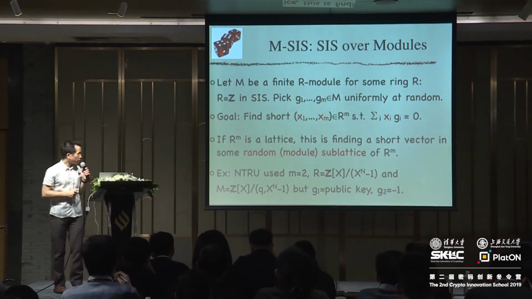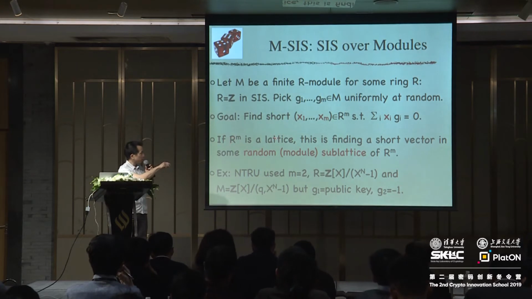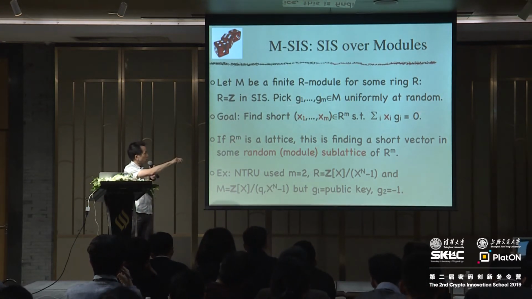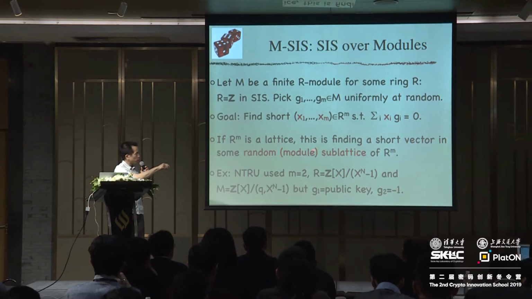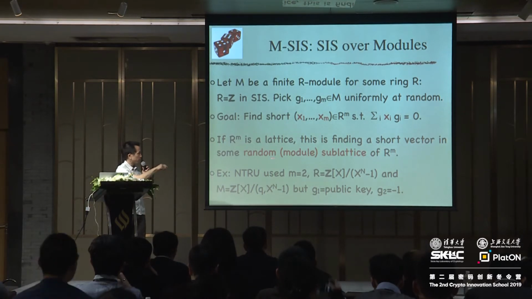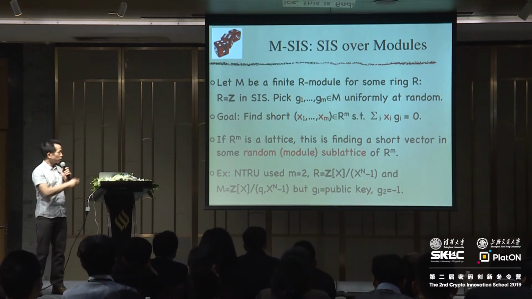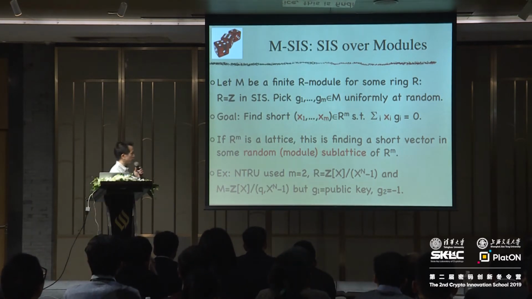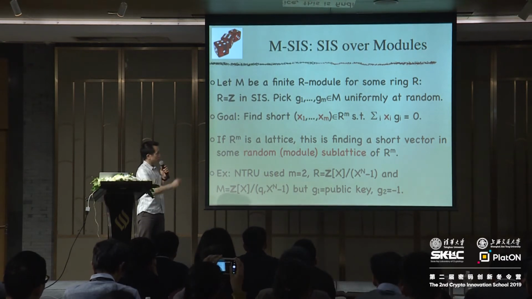Now if we choose our ring R in such a way that R to the n is a lattice, then again, this module problem can be viewed as finding a short vector in some random module sublattice of R to the n. So that's what NTRU used for the special case n equal to 2, so only 2 ring elements.